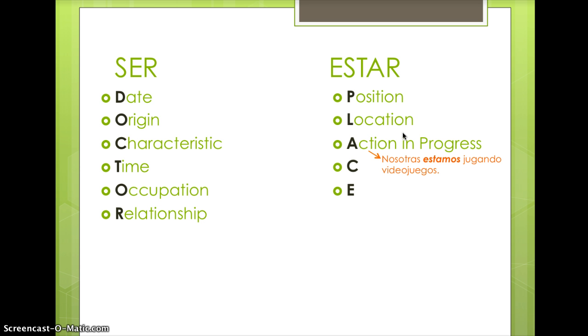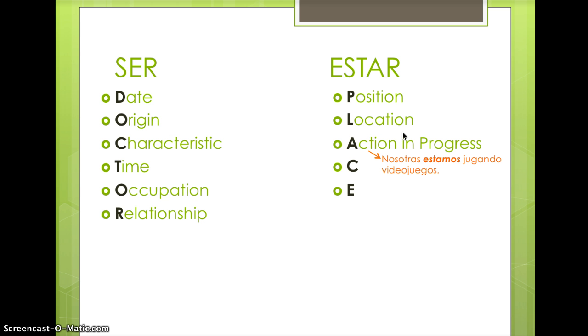A stands for action and progress. I don't know at what stage you're going to learn this, but basically, if I remove the AR ending of any verb and I add ando if it's an AR verb or yendo if it's an ER/IR verb, then I will end up with a present participle, which is like saying I am talking, I am dancing, I am playing, I am reading, all of that stuff.